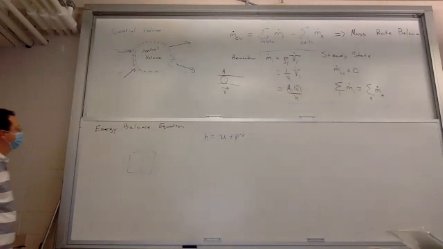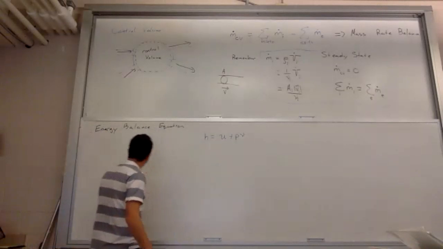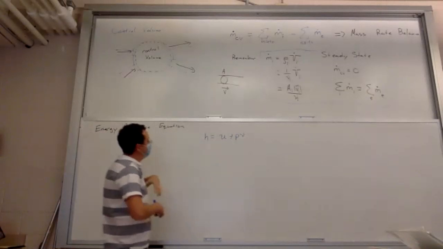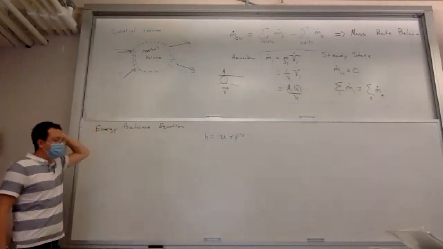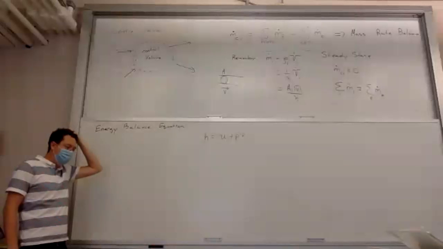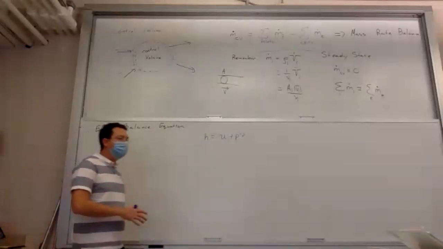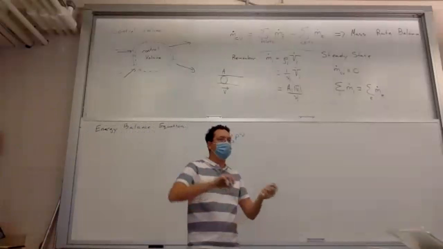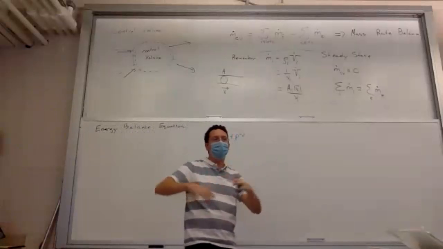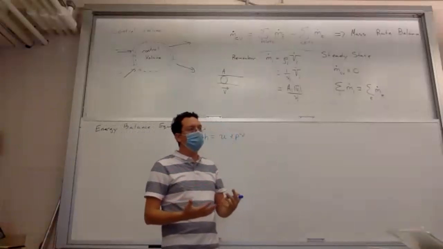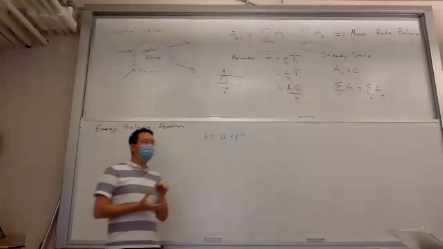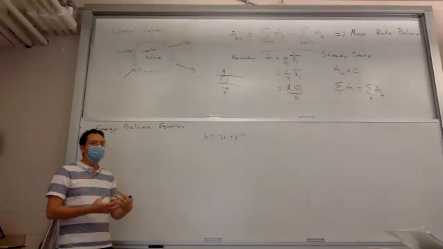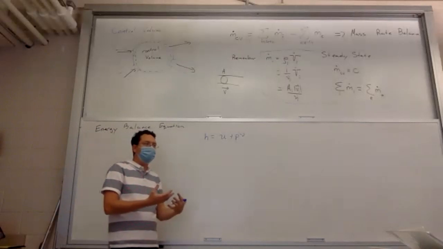All right, so let's think about this. We could talk about the energy in something right now, but it could be changing as you adjust dials and knobs. That's not really what we want to do. We want to set up the equation not for the energy in the control volume, but for the rate of change of energy in the control volume.